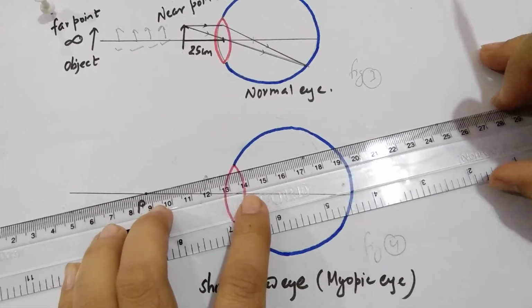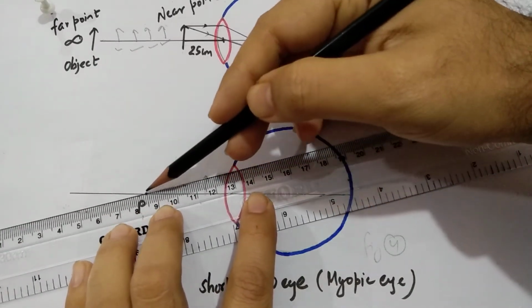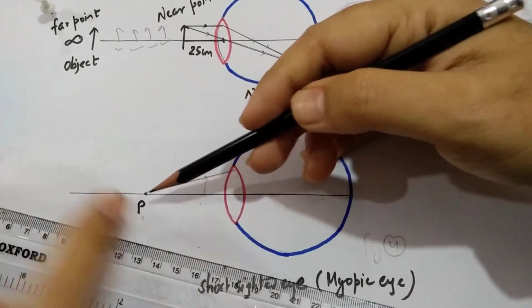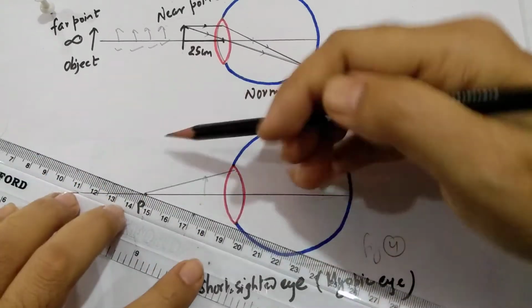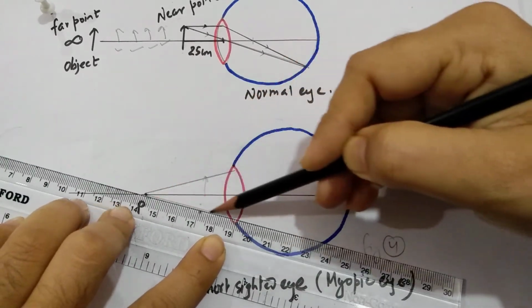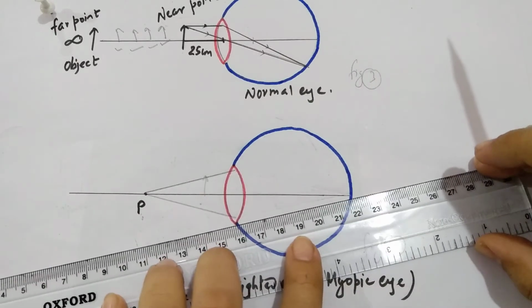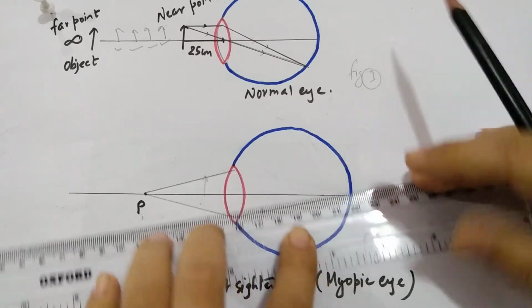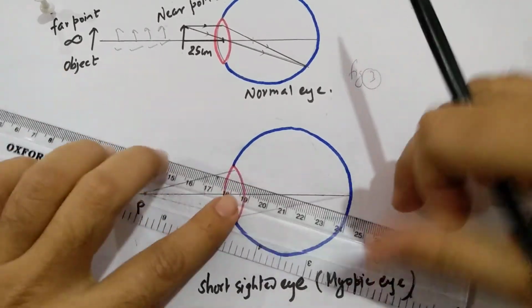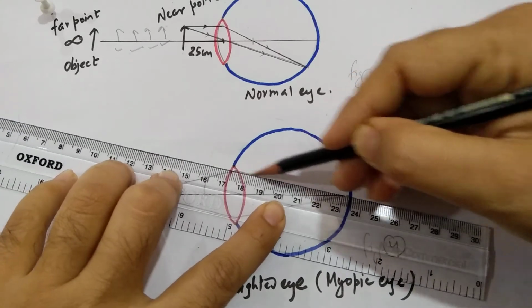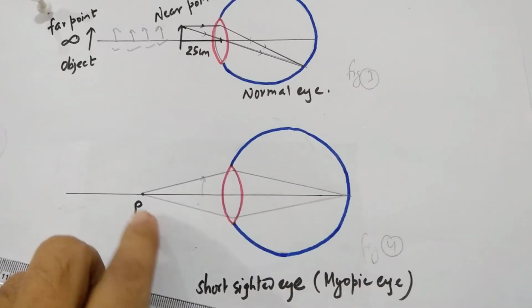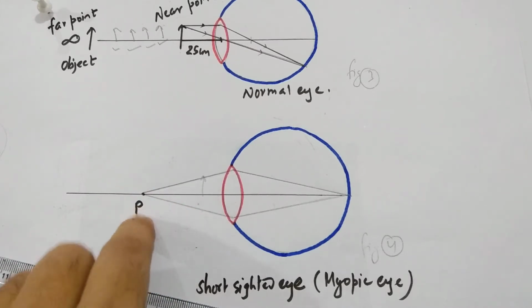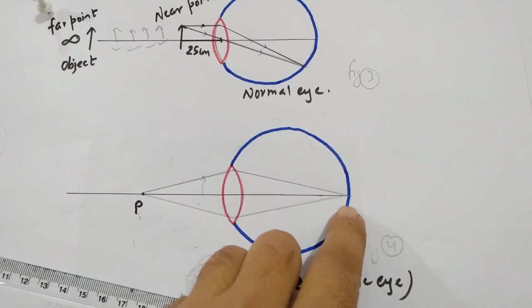This is how we draw. Light rays emerging from the object at point P after refraction meet at the retina.